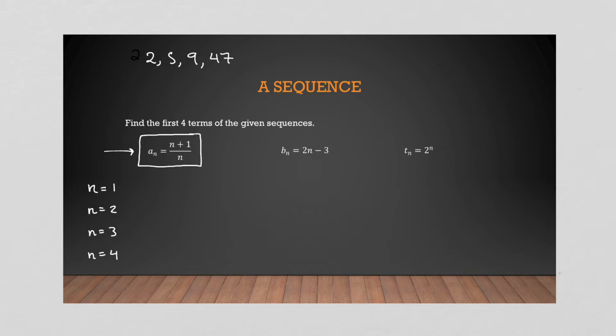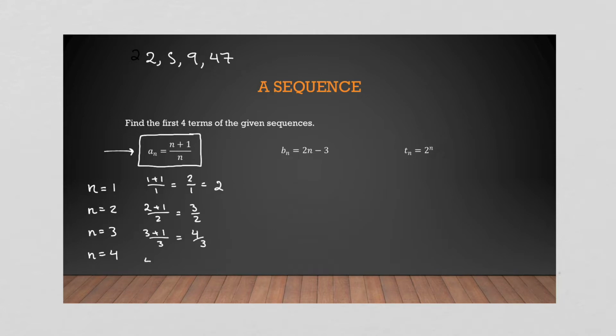So my first term becomes 1 plus 1 over 1, which is 2 over 1, which is just 2. Then I do that again, but now I go 2 plus 1 over 2, which gives me 3 over 2. And then I do it again, 3 plus 1 over 3, which is 4 over 3.